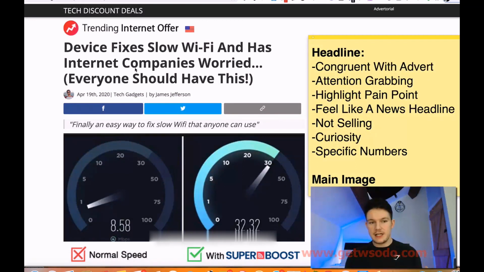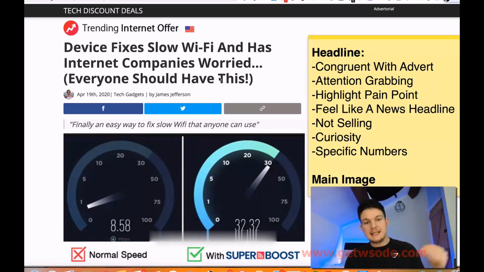So headlines are really important, and the structure of them, you can have a play around with this, but the few points which I try to make the headline fit into is that it needs to be congruent with the advert. So like I said previously when I was talking about the adverts and getting people to click, you want them to click on an advert, and when they arrive at this page, this still needs to be relating to what they just clicked on, because if there's a disconnection, they will click away because they get confused.